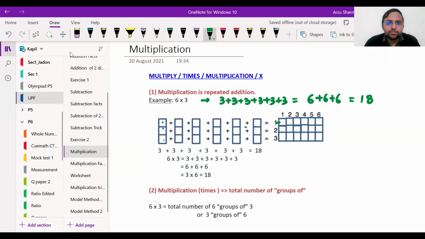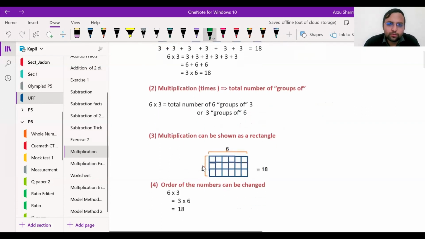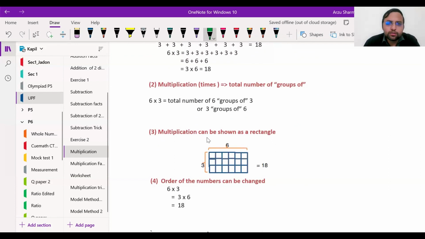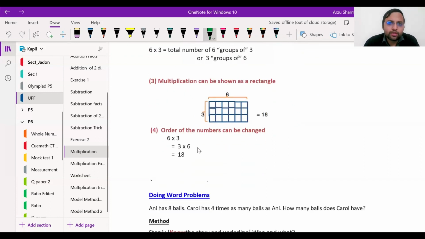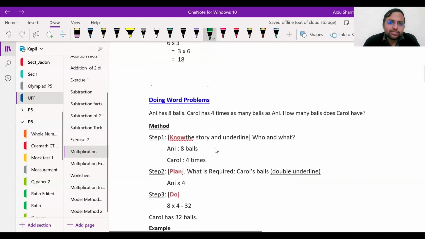So that's multiplication. Of course, you can show multiplication as a rectangle, and here order is not important. So 6 times 3 is the same as 3 times 6.